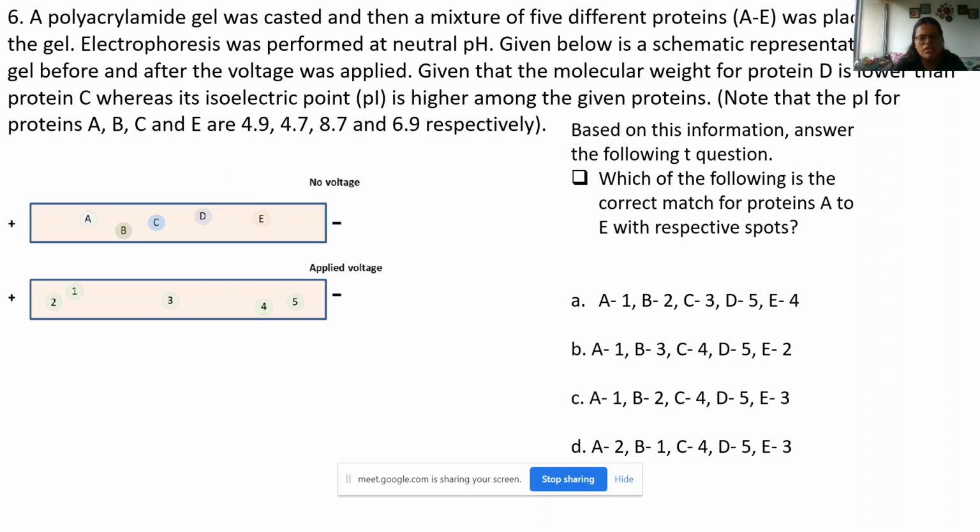Can you comment on why you think it is option A? Do you want to give your reasoning behind that?